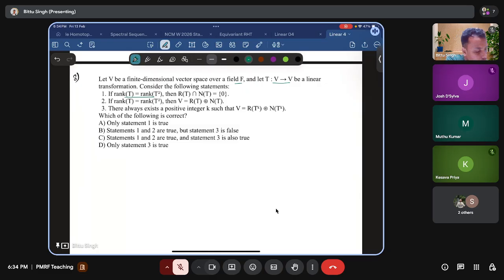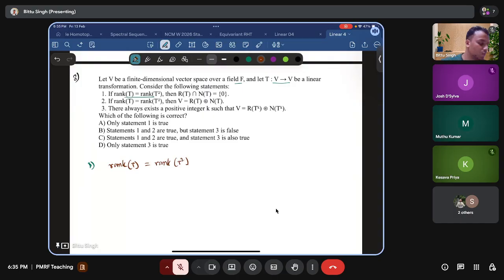So we need to see which of the following are correct. Okay, so let us see the first thing. It is given that rank T is the same as rank of T square.